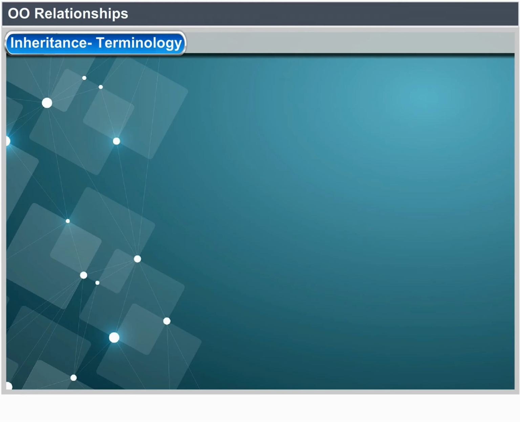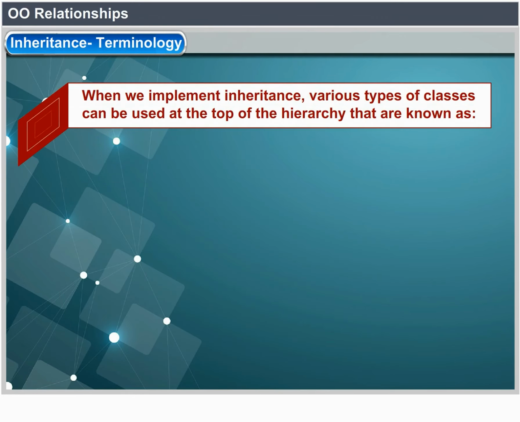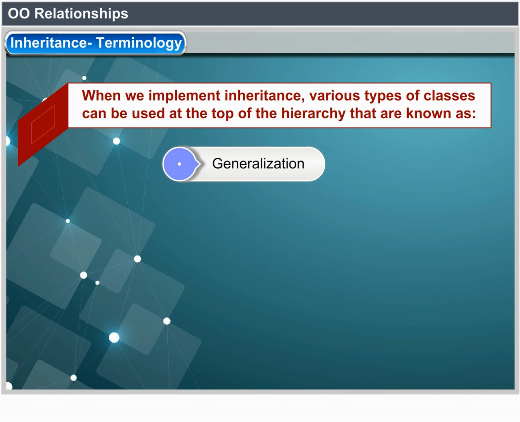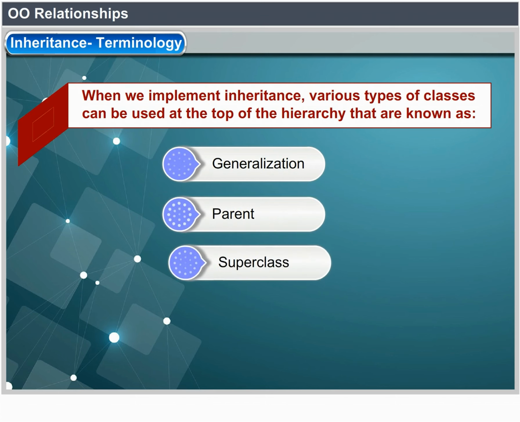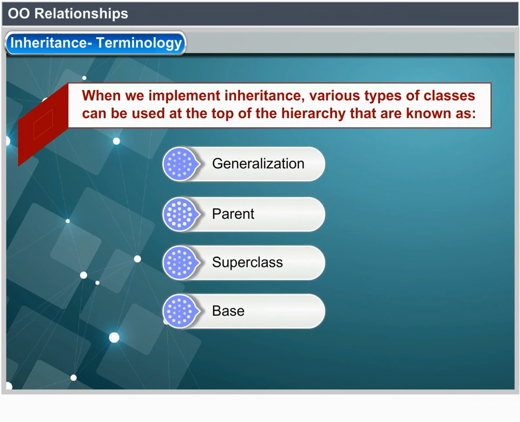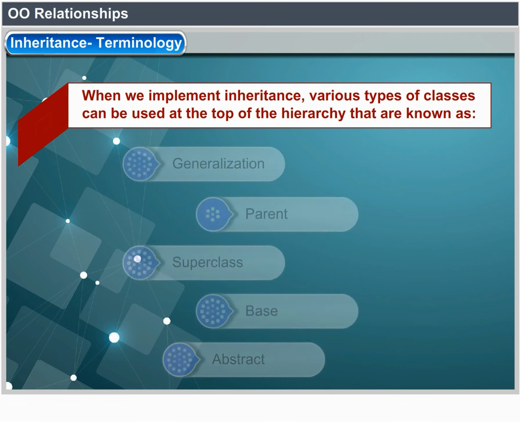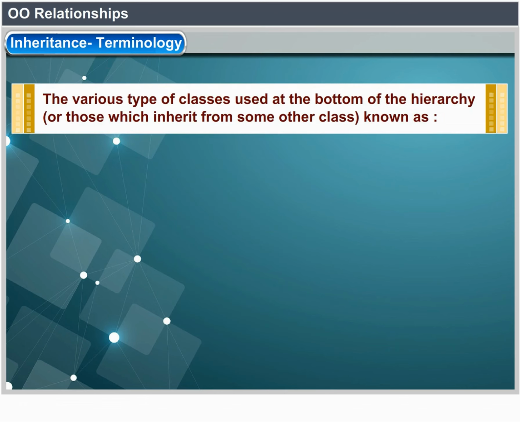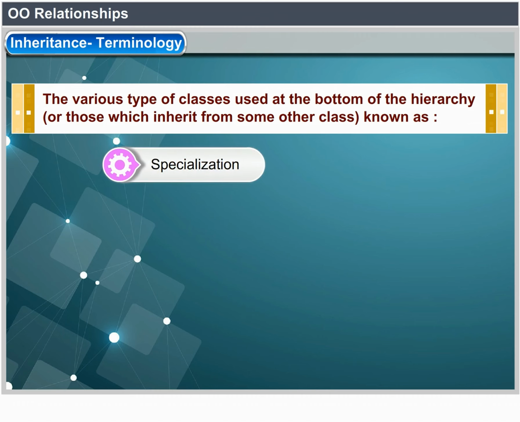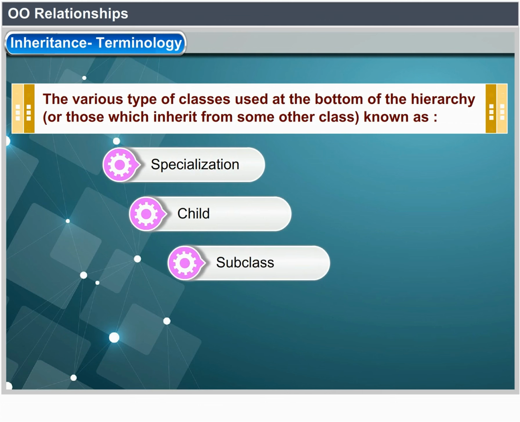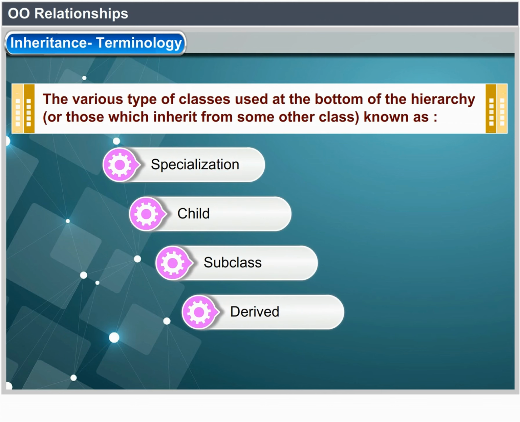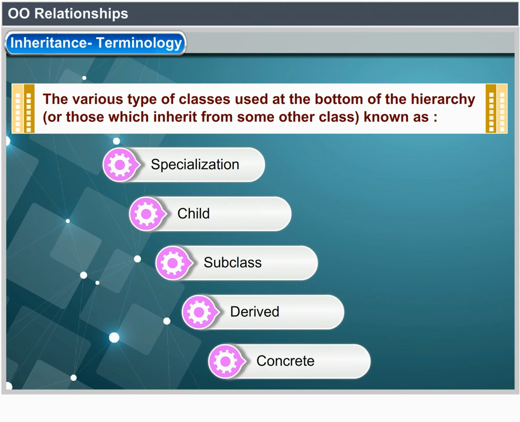Inheritance terminology. When we use inheritance, we have classes at the top of the hierarchy that are known variously as generalization, parent, superclass, base, abstract. And classes at the bottom of the hierarchy are those which inherit from some other class, known variously as specialization, child, subclass, derived, concrete.